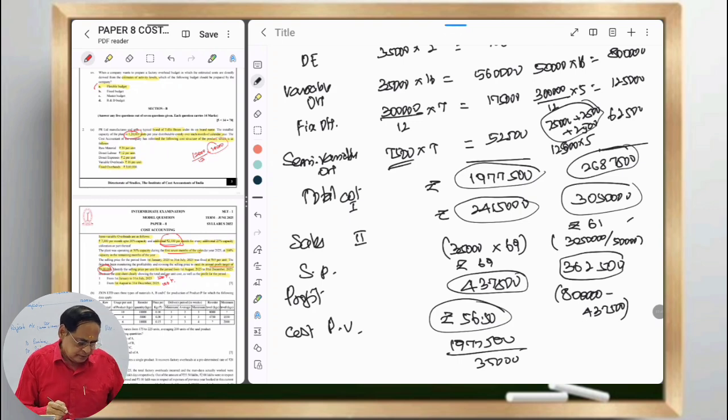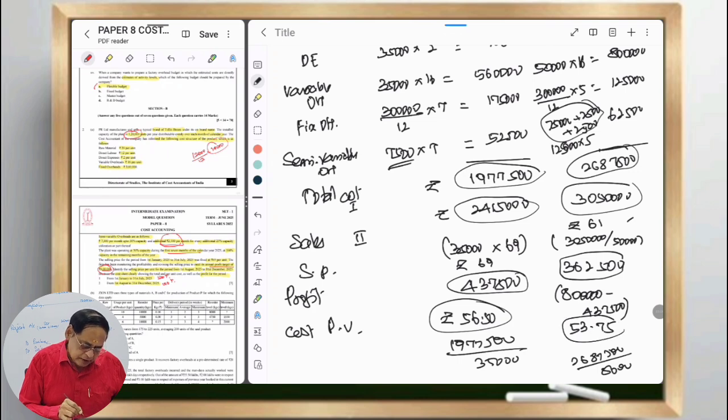How much cost per unit? Total cost here 26 lakhs 87,500 divided by 50,000, that is 53 rupees 75 paise. This is the cost per unit.